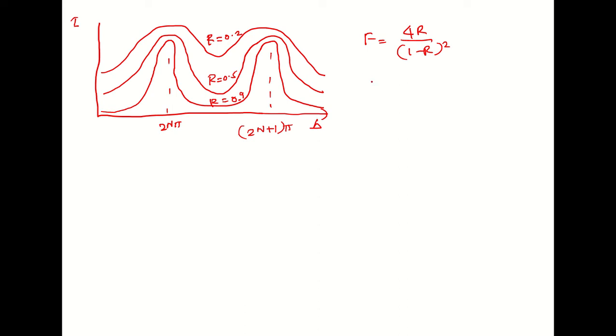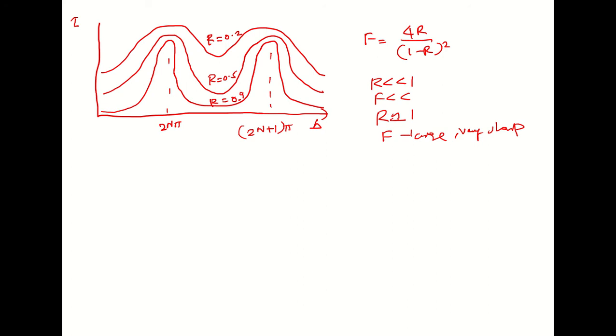And if R is close to unity, approximately equal to 1, then F will have a large value. So we'll get a very sharp fringe at that time.